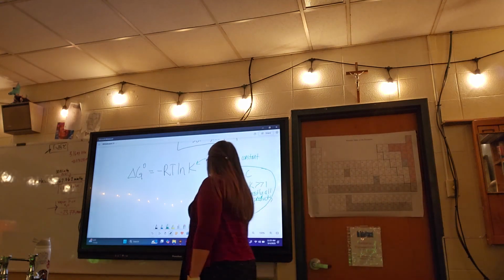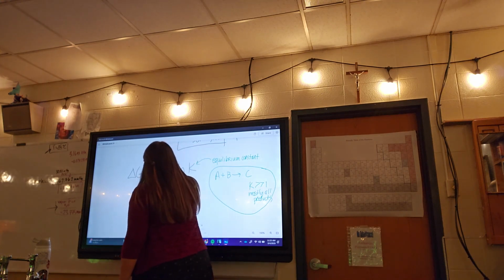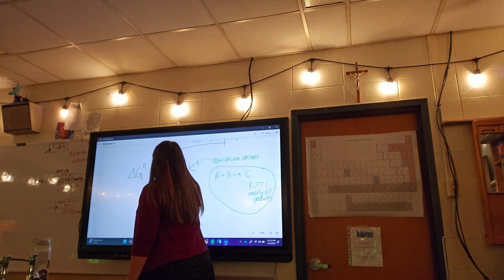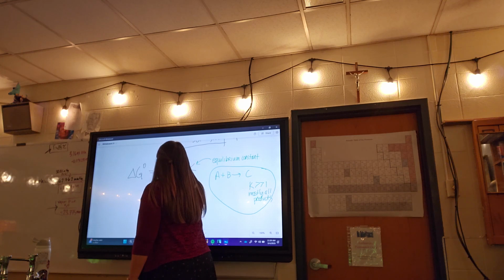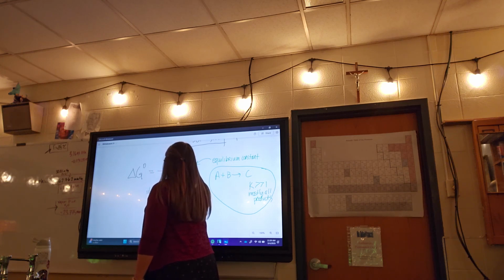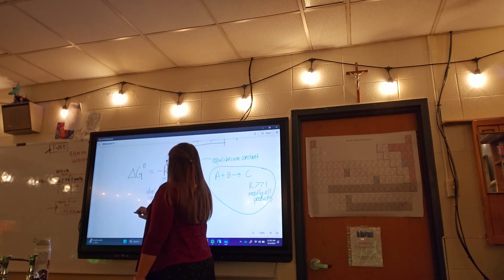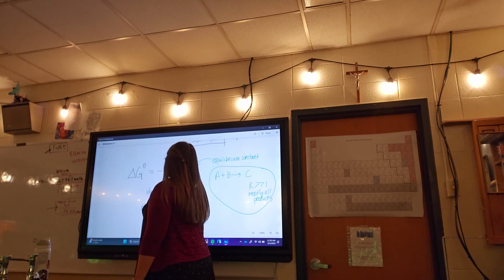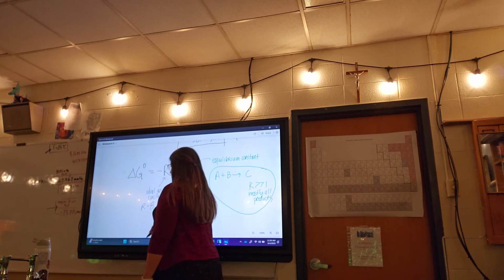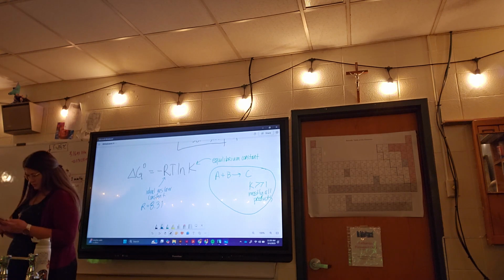Okay, so talking about this in terms of the math, R is the ideal gas law constant. I believe you need to use the R value associated with the SI unit, R equals 8.31. But I'm using that from my memory.